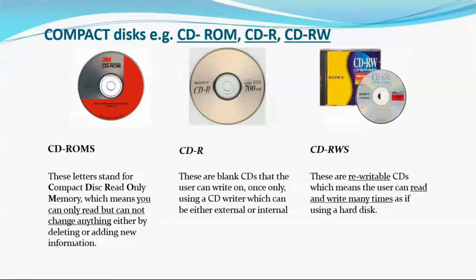You only write in them once, meaning if you put something which is less than the storage capacity, you cannot remove what you have put, but you can add more until the storage space is depleted. The difference between the CD-R and the CD-ROM is that for the ROMs, you can't add anything else, even if there's free space on it. But with these ones, you can add more so long as there's free space, but you can't change.